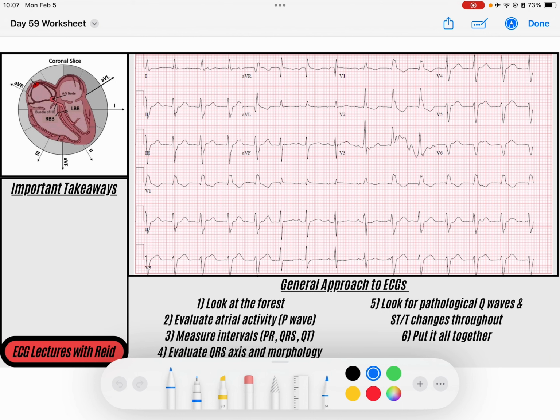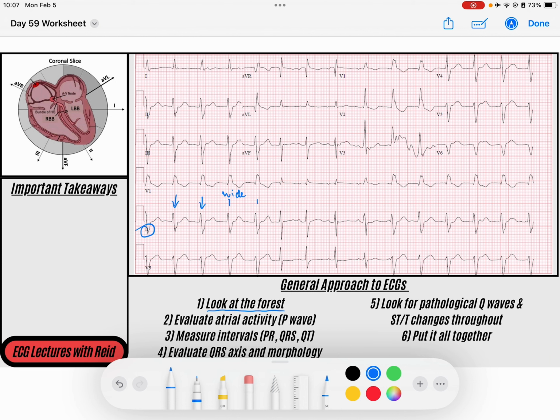So the first thing I like to do is just scan through the ECG. I call it looking at the forest, and the trees of the forest are my QRS complexes. The first thing I notice, maybe I choose lead 2 here, is that we've got a regular rhythm that's tacking along. Seems to be a normal rate. It's a wide complex. It appears to be wide.